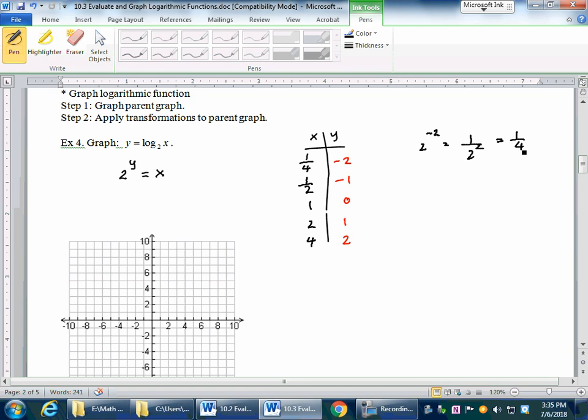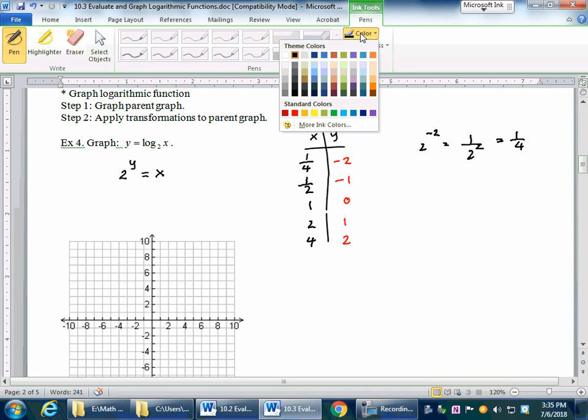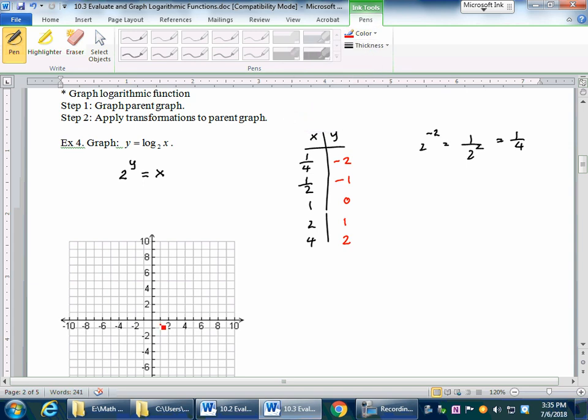So notice that your domain, the x value and y value flip around. In this case, we're going to get a point where x at 1 will be y of 0.